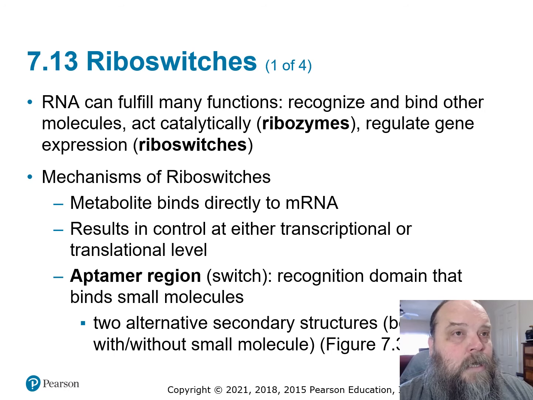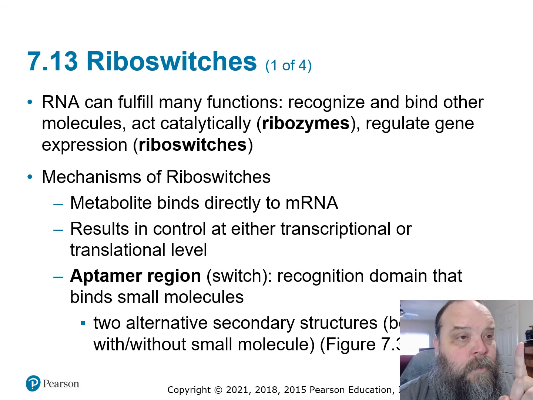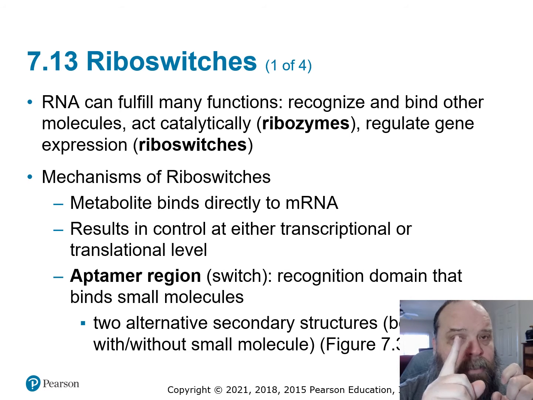Positioning of these stem loops is very important. In one position, the stem loop could aid in the recruitment of the large and the small subunits of the ribosome. But in a different position, that stem loop would interfere and stop translation.